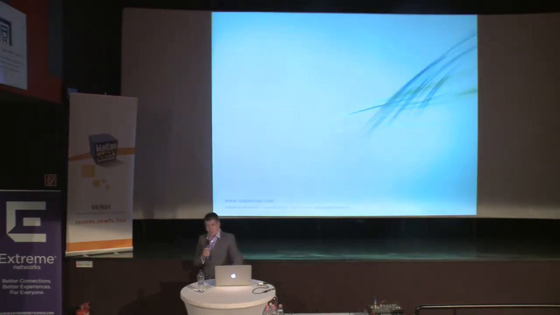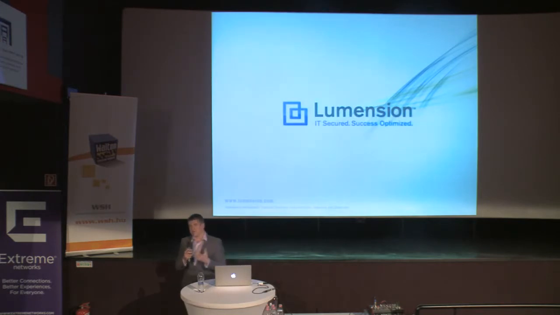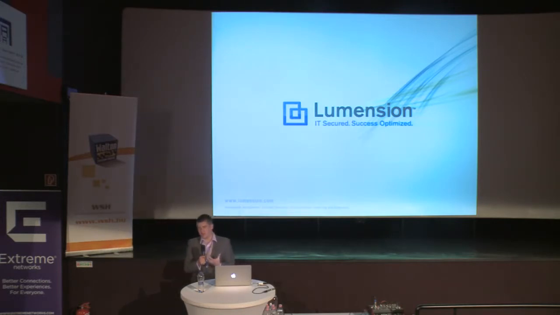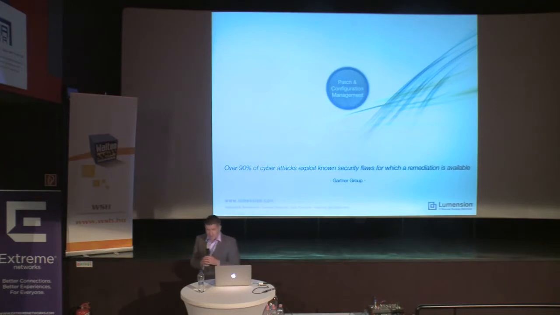So, once we understand this way of proactive security, or defense in depth approach, and we really get it that the blacklisting or reactive approach hasn't really helped us over the last, well, almost 20 years, Lumension came with a very beautiful idea which has been implemented for years right now.